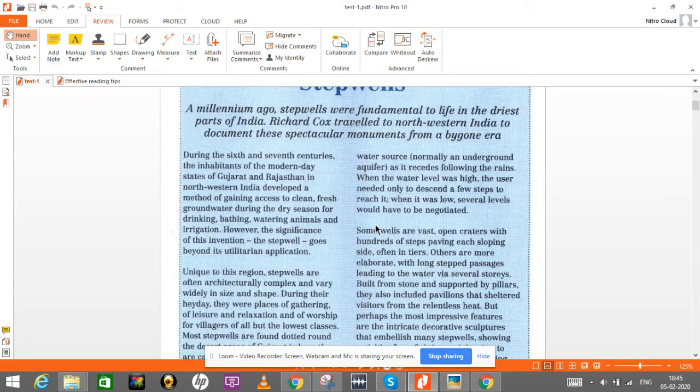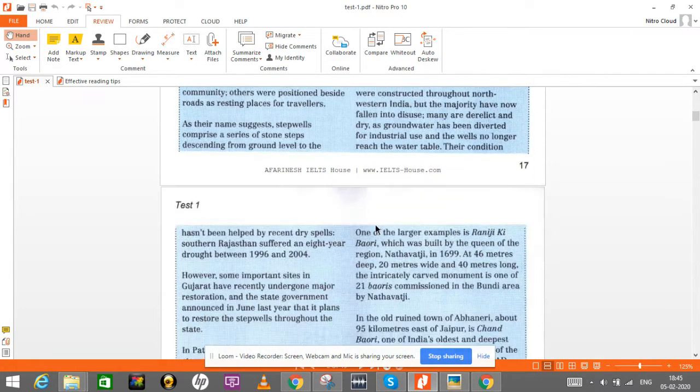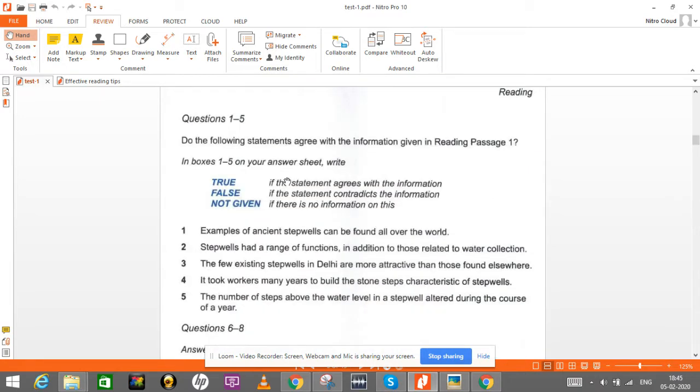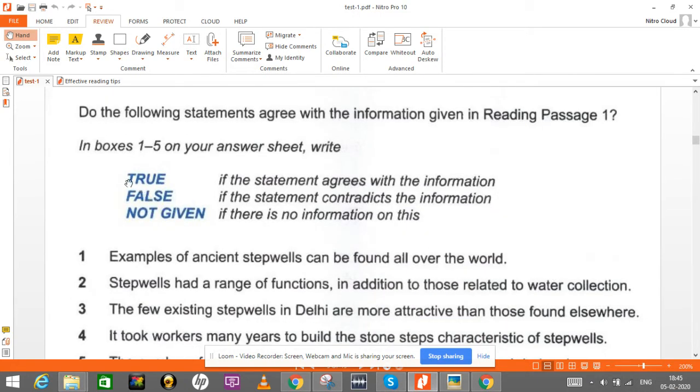Now the second thing is the instructions. Instructions in the reading task play a great role. Let's say it says here: do the following statements agree with the information given in the reading passage? This is the instruction. They are simplified under the umbrella of true, false, not given.